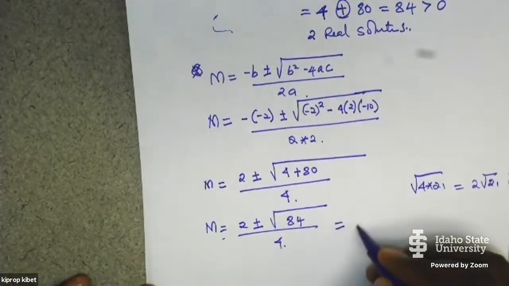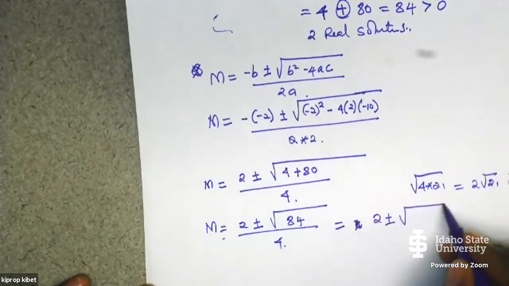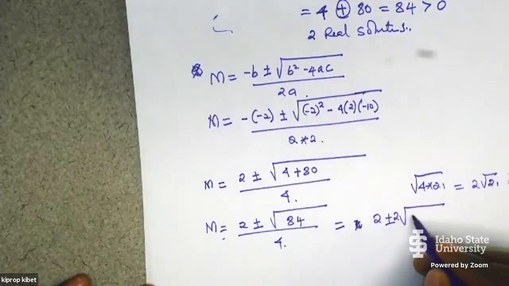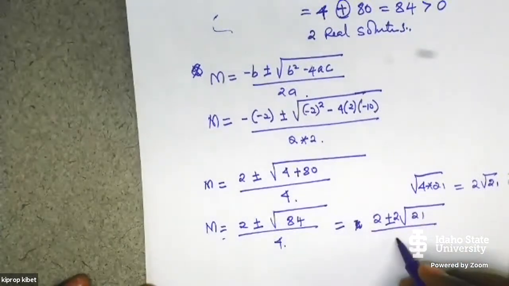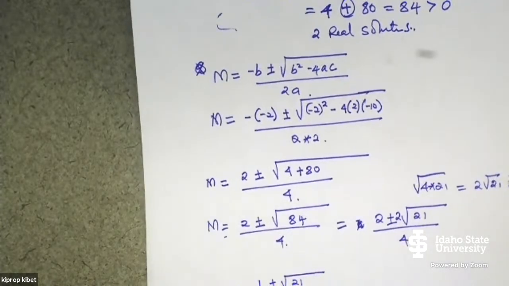So finally, m equals 2 plus or minus 2 square root of 21, all over 4. So our m is equal to 1 plus or minus the square root of 21, all over 2, right?